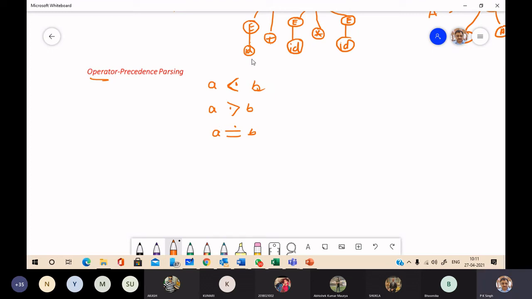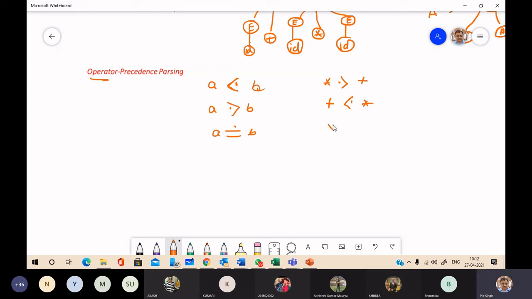Now see, if you have two operators, this and plus, the relation is this. If you have plus and asterisk, the relation is this. Plus gives precedence to asterisk, and here asterisk has precedence over plus.